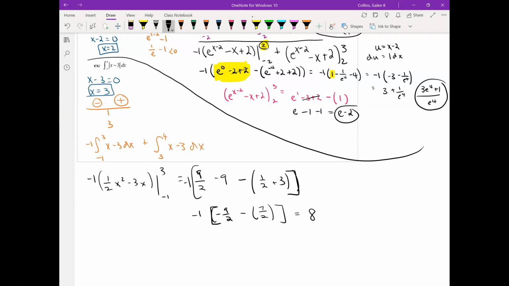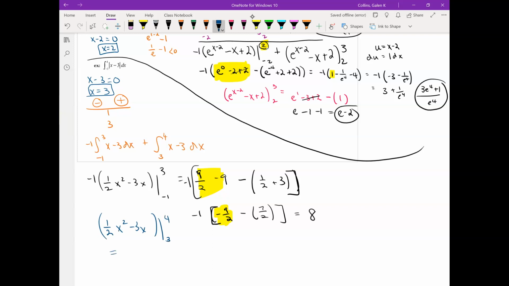So that's the first part. The last part from 3 to 4. So remember, we already know what we get when we plug in the 3. When we plugged in the 3, that was our -9/2. So now we've got to plug in that 4. So 1/2 x squared minus 3x. Evaluate that from 3 to 4.